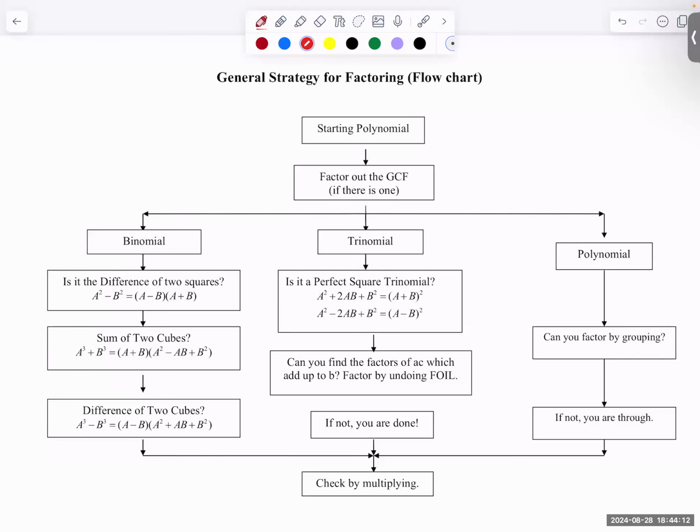A general strategy for factoring a polynomial is to always first look for the greatest common factor and first factor out the GCF.